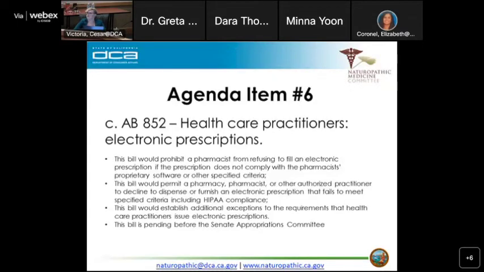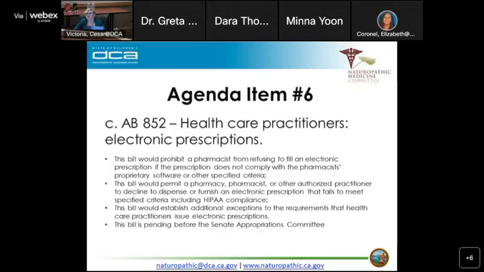Sure, yeah. So I know that for a lot of naturopathic doctors, the biggest issue with e-prescribing has been communication with compounding pharmacies. Yes. So is there anything in this particular bill that addresses that, or that we should know about? Because I think that would directly impact our licensees.